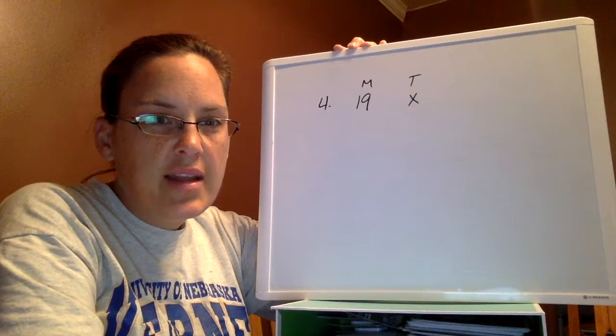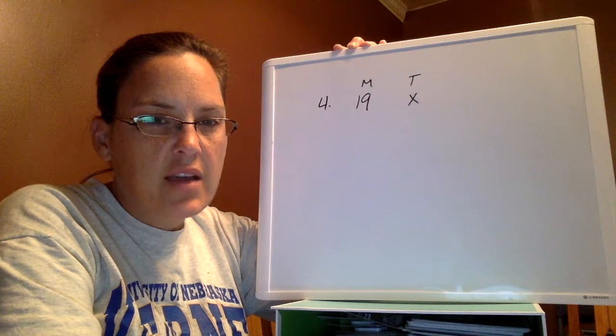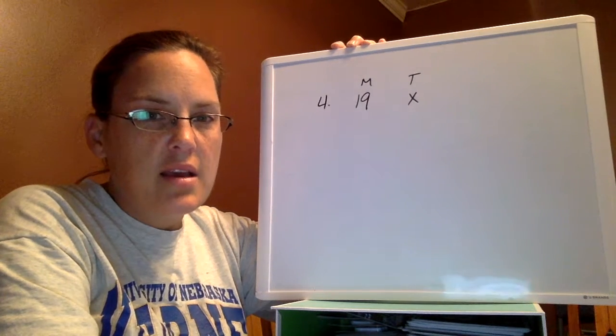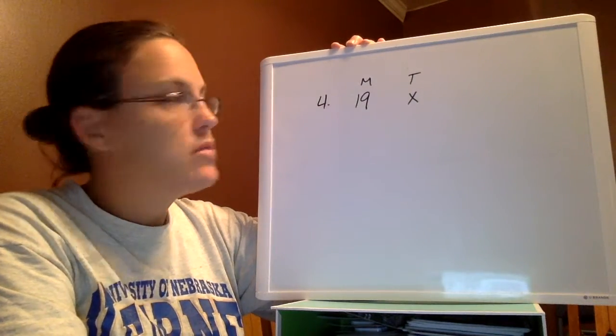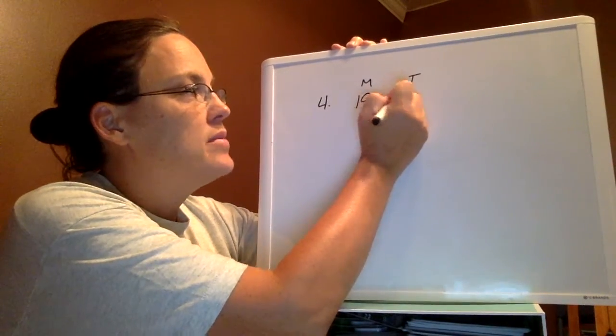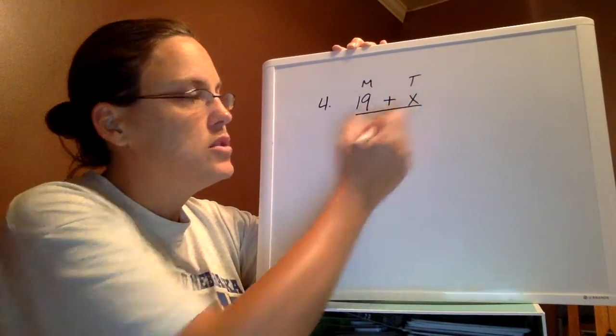What we'd want to do to find the average of those two is add them together and then divide by 2.